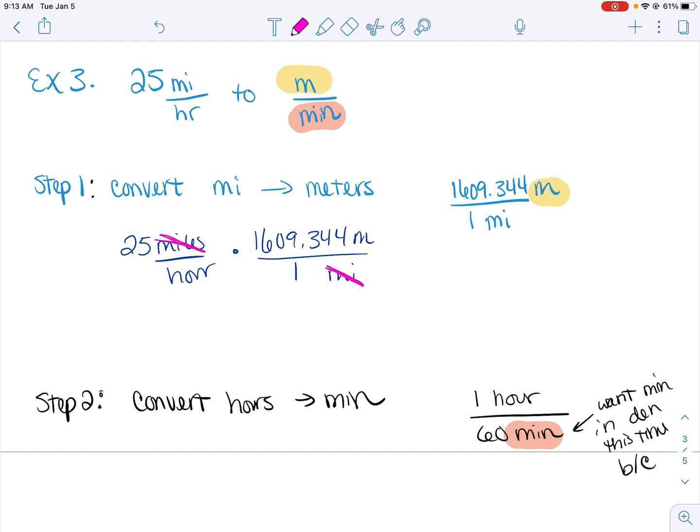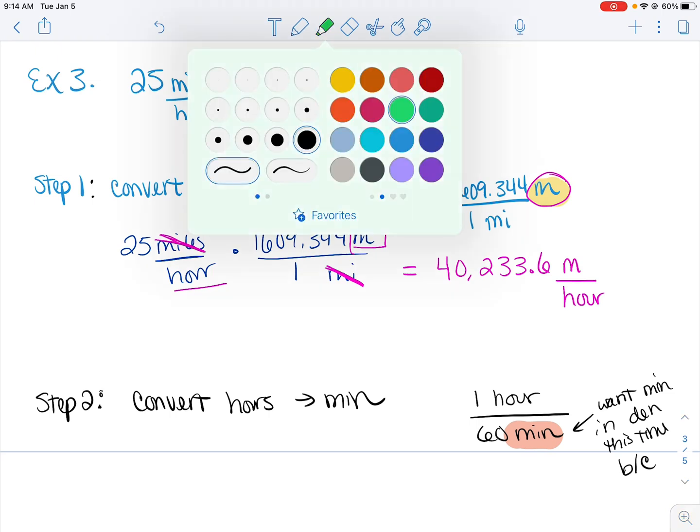So we need to do 25 times 1609.344, and that gives me 40,233.6, and the units I have left in the numerator is meters, which is what I wanted, and the denominator is hours. Okay, so because I wanted meters in the numerator, I had to put meters in the numerator of my conversion factor.